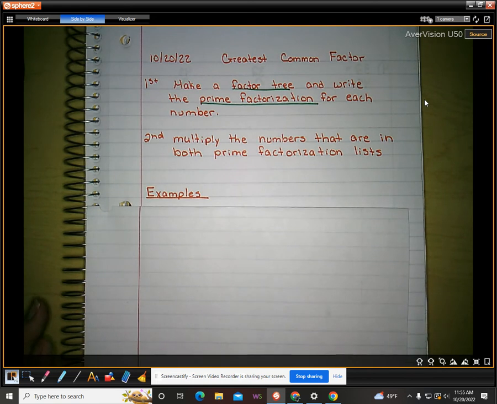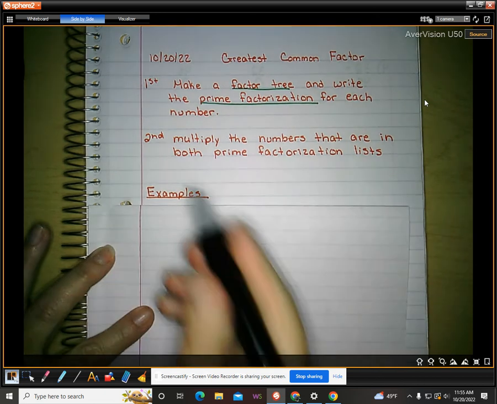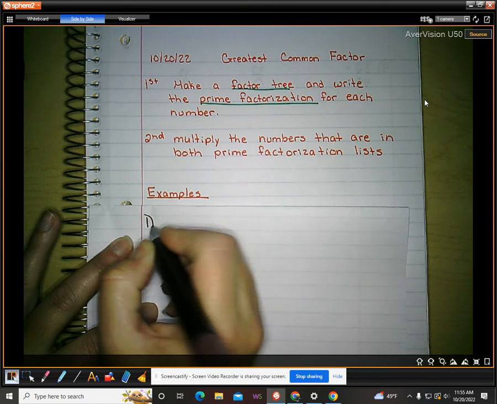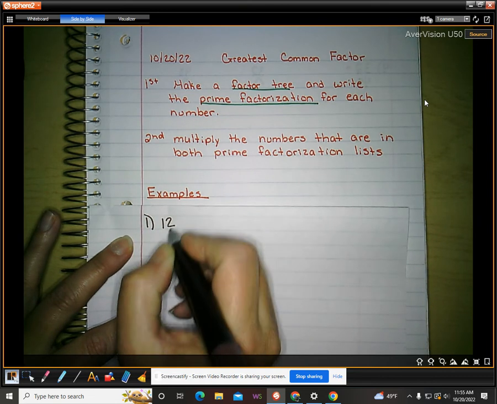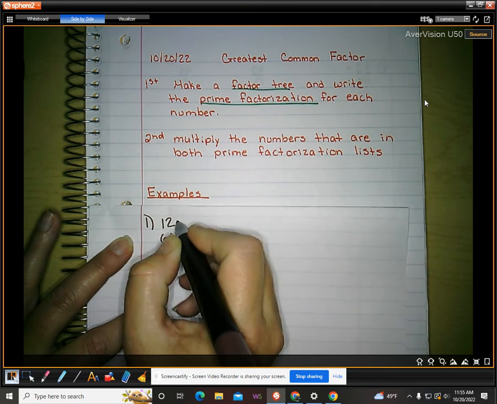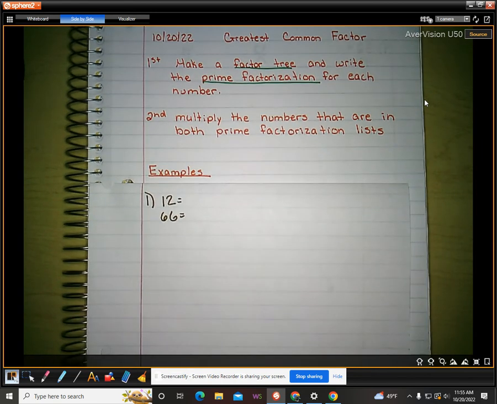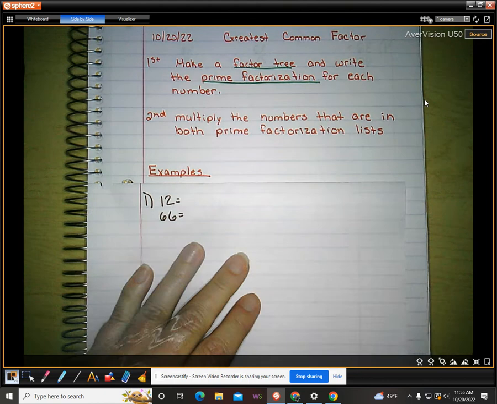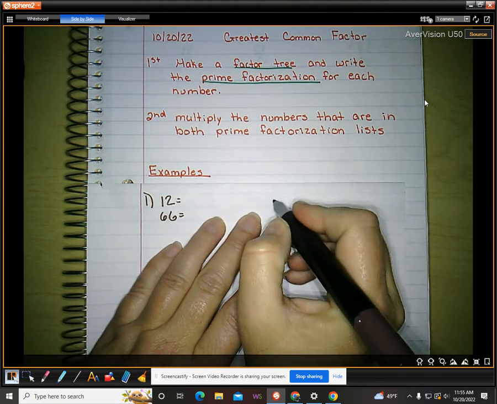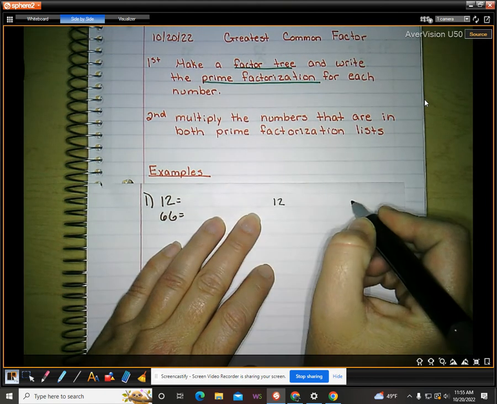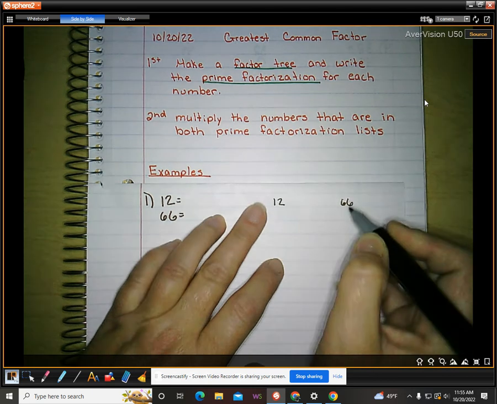Okay, and that'll make complete sense as we do our examples, which is why it is so important that you write down examples. Okay, so first one we're going to do is find the greatest common factor for 12 and 66. So we're going to go back to what we did on Tuesday. We're going to make a factor tree for 12 and a factor tree for 66.